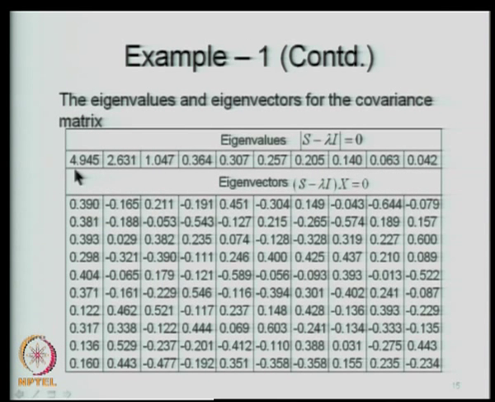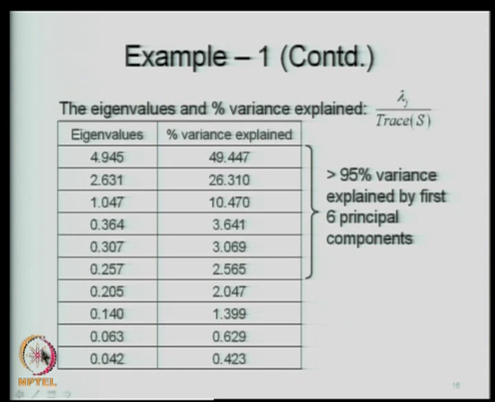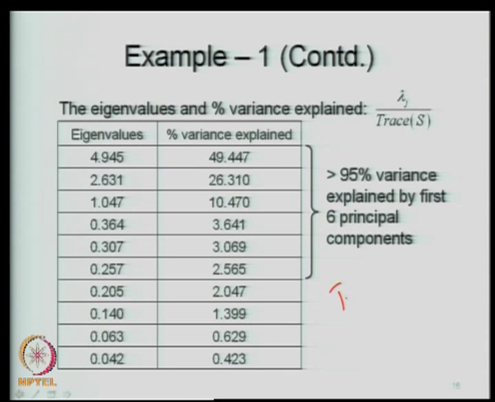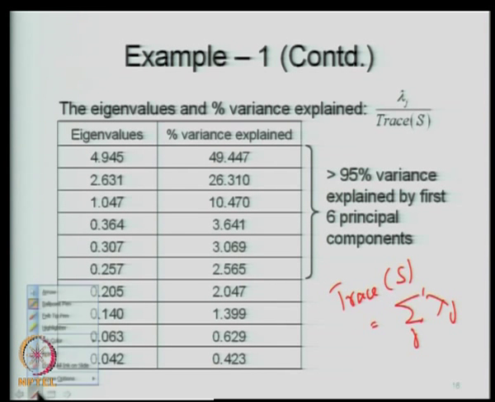If you recall from your last lecture, trace S is equal to the sum of lambda j over all j, the summation of all the eigenvalues, and we get the percentage variance explained by a particular eigenvector by using the associated lambda j.